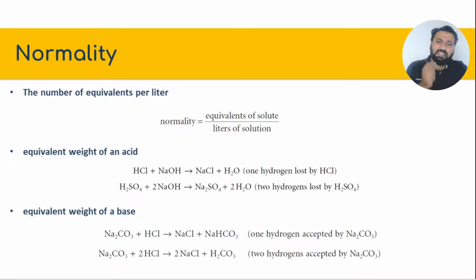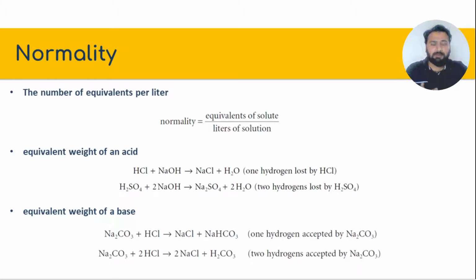The next is the equivalent weight of a base in an acid-base neutralization reaction. Again I am saying that the equivalent weight we are calculating here is in the acid-base neutralization reaction. We can also calculate the equivalent weight in oxidation reactions, reduction reactions or redox reactions, right?